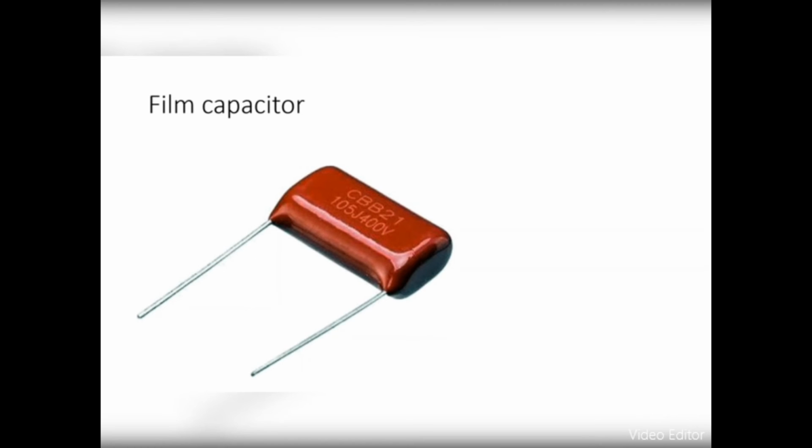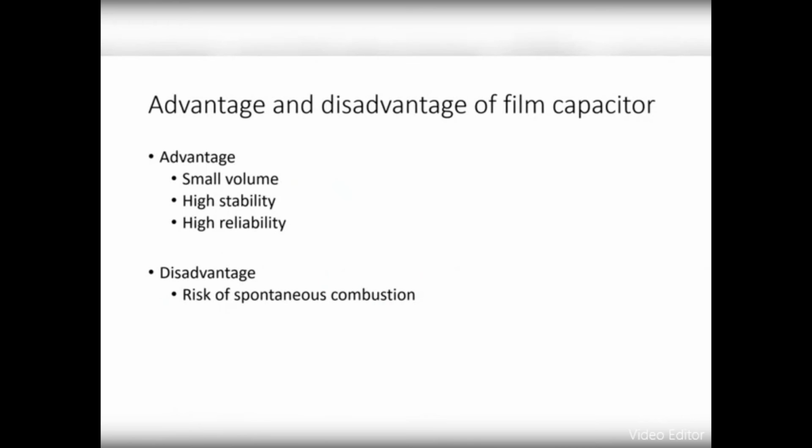Film capacitor is a capacitor with plastic film as dielectric. The more common film capacitor is metal film capacitor. Compared with the other capacitor, the film capacitor has the advantage of smaller volume, high stability, and reliability.